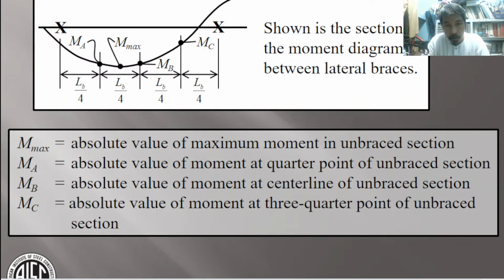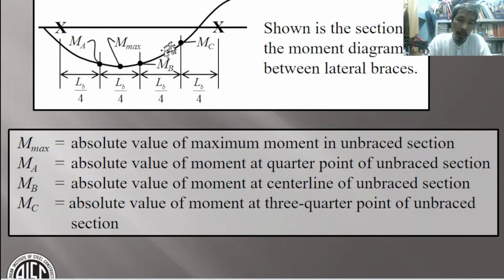Shown is the section of the moment diagram between lateral braces. As you can see, from brace to brace we divide the length LB into 4, so LB over 4 each. So we have MA, Mmax, MC, MB.